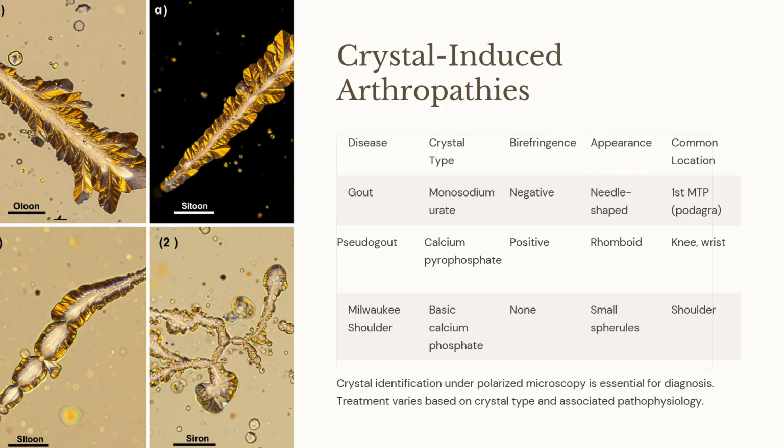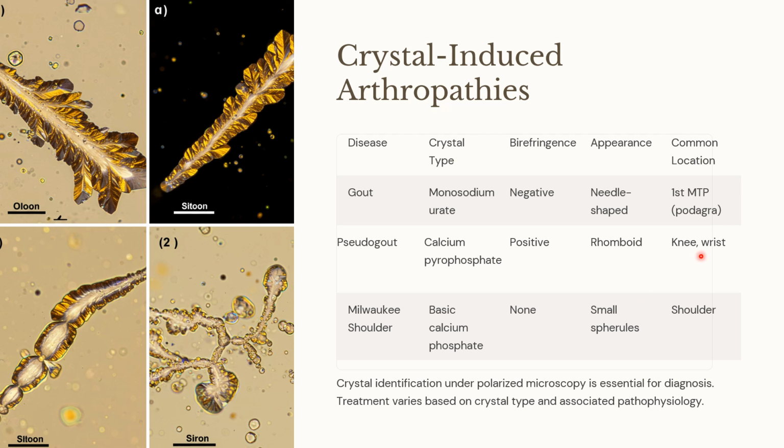Now just a small overview about the crystal-induced arthropathies. Here we saw gout, which is monosodium urate crystal deposition, needle-shaped and negatively birefringent. The first metatarsophalangeal joint is the one commonly affected. Pseudogout: the crystal type is calcium pyrophosphate, which is positively birefringent and rhomboid in shape.